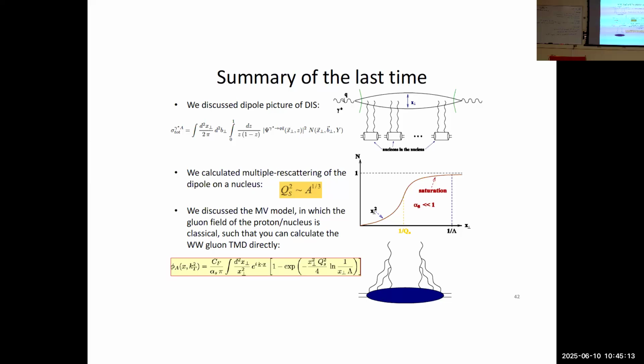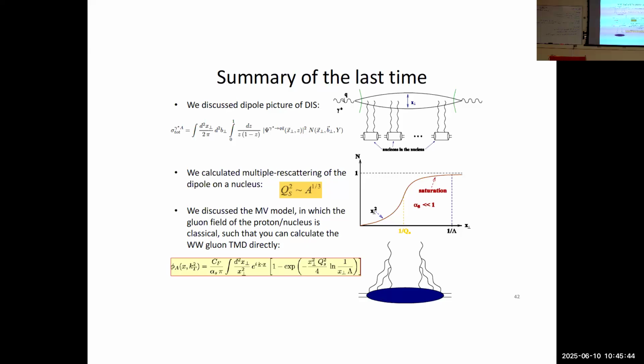And we got this expression for N that scales, as we discussed, as A to the 1/3 coming from this T of b times x perp squared, and T of b is also dimensionful, so it brings in a factor of Lambda squared, some infrared cutoff of order Lambda QCD squared, to make it dimensionless. The amplitude N is dimensionless. So it scales as A to the 1/3 x perp squared Lambda squared.